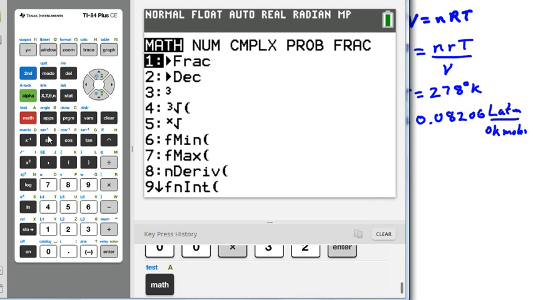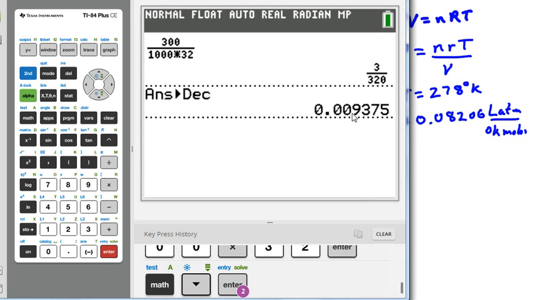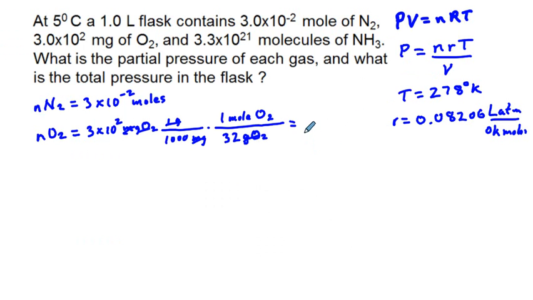I'm going to go to math, decimal, and we get this right here. It's going to be 9.375 times 10 to the negative 3 power. So now we are in moles as far as O2.